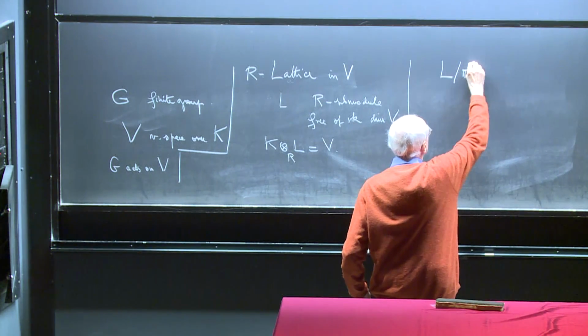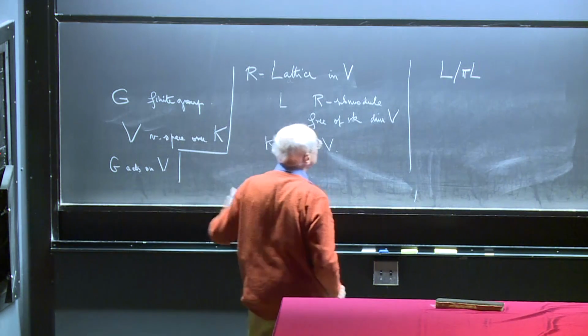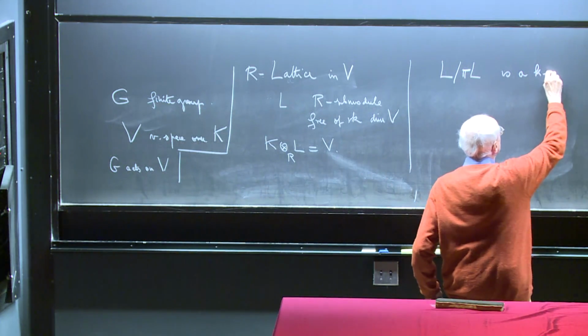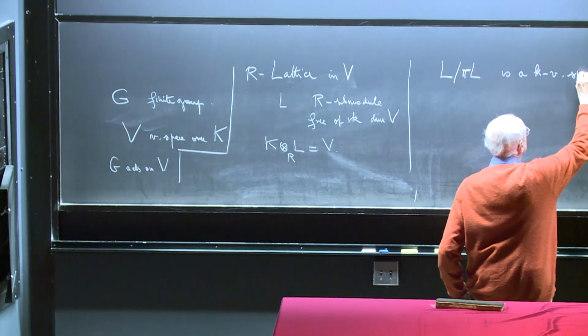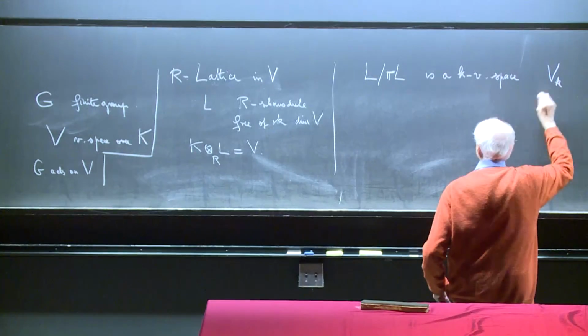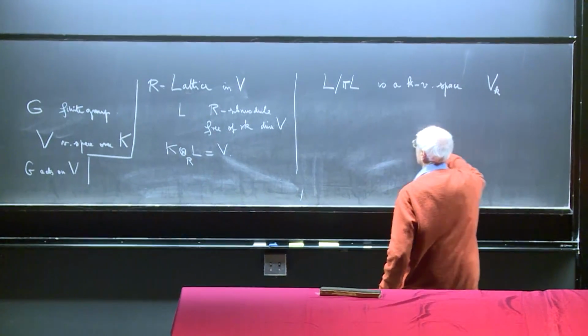L over pi L now is a vector space over little k. Suppose we note it Vk. Well, of course, it depends on the lattice L, but one should put some L somewhere.